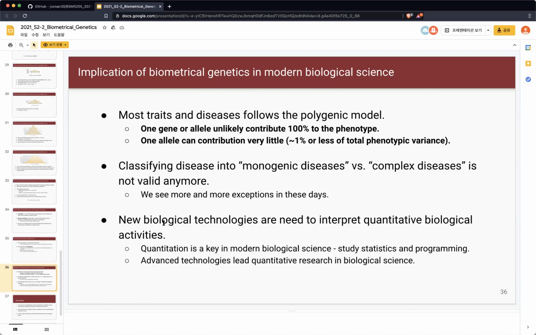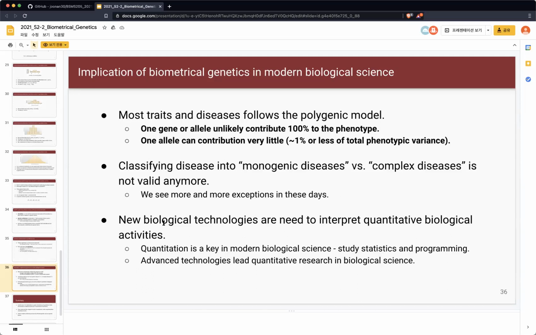But this is actually incorrect, right? As we see more and more population data, we know that this is wrong. We come up with counterexamples of why this is wrong, which we will cover in a later section. But you have to understand that most traits and diseases we study these days follow the polygenic model, and you have to think about your grounding in this polygenic situation.